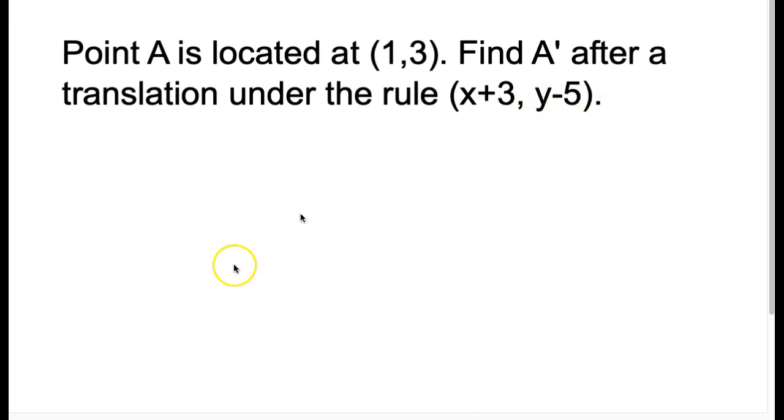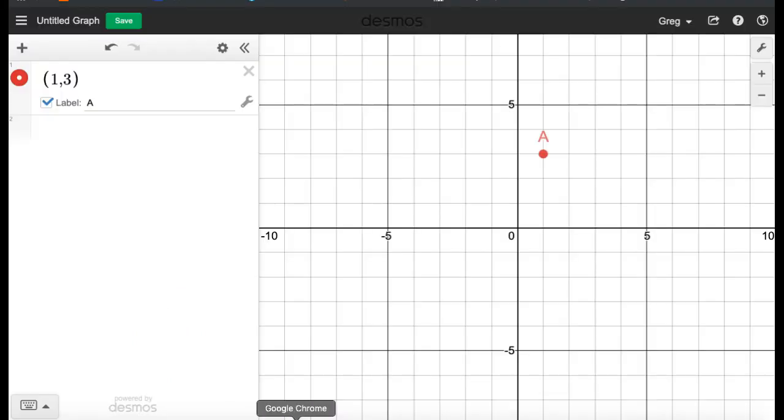So remember, x plus 3 means I'm going to go right 3, and y minus 5 means I'm going to go down 5. If we want to look at this in terms of a graph, I've plotted the point (1, 3) on Desmos. So if I go right 3, 1, 2, 3, and then down 1, 2, 3, 4, 5, I would be at this point right here at (4, -2).